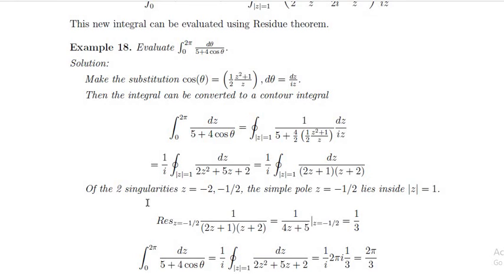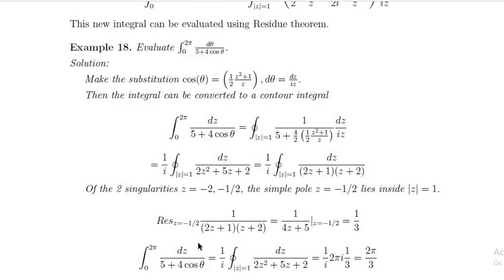Then we can calculate the singularities of the function. Singularities are minus 2 and minus 1 by 2. Of these singularities, only z equal to minus 1 by 2 lies inside the unit circle, z equal to minus 2 lies outside the unit circle.